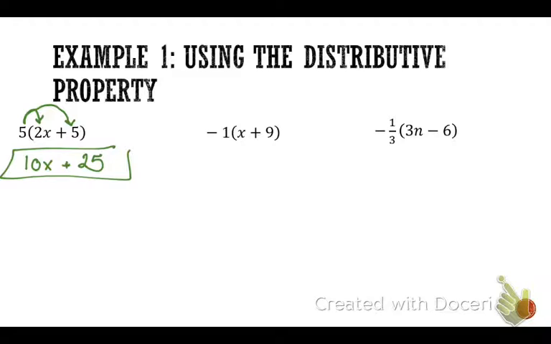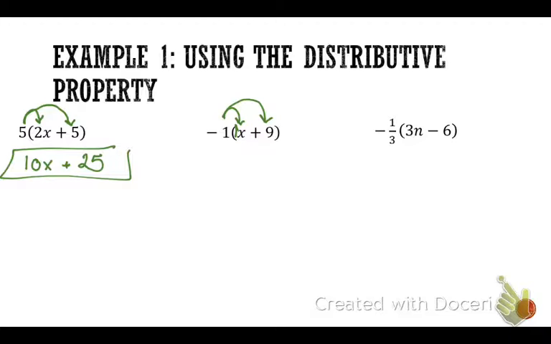So you need operations. Now on the second one, I have a -1 that I have to distribute. What they're trying to point out here is that you have to go by your even-odd rule for multiplying your signs. If I multiply -1 times positive 1x, I want you to hold up how many fingers.